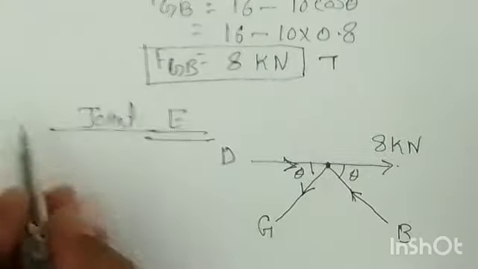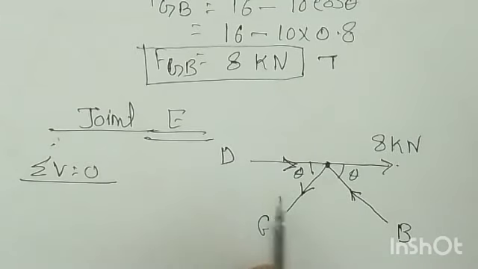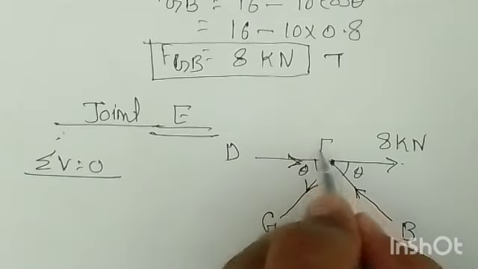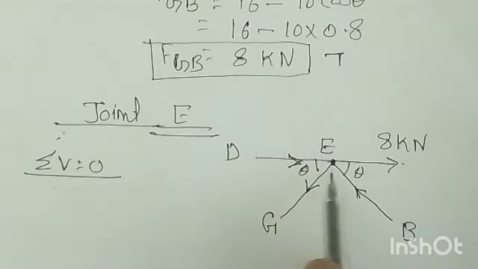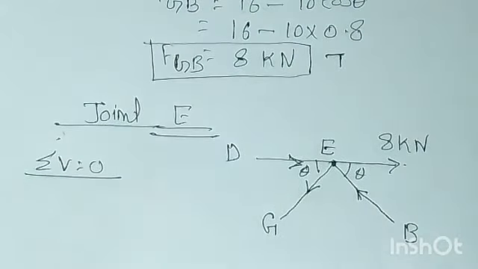So simply you can say summation of V is equal to 0. What are the vertical components for this? Let's say this is E. Its vertical component is F_EG sine theta, balanced by the F_EB sine theta. Why? Because EB is compressive, and GE is tensile.